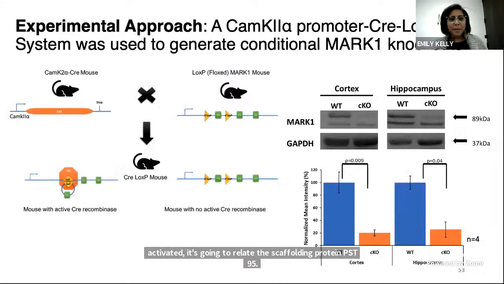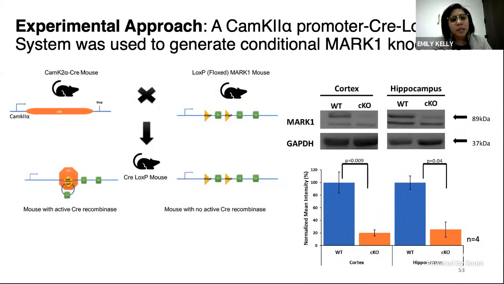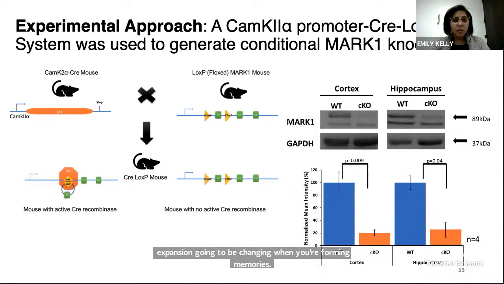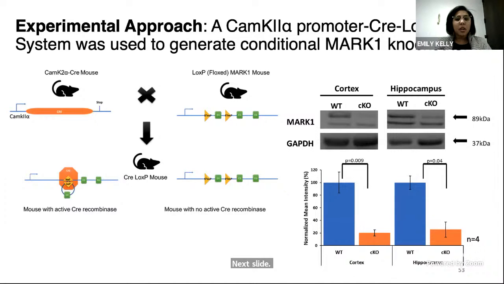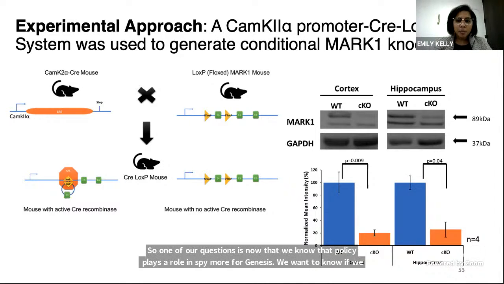So one of our questions is, now that we know that PAR1C plays a role in spine morphogenesis, we want to know if we can reproduce this in an in vivo model, and if we can see any changes in cognitive behavior. Therefore, we developed a floxed Mark1 mouse model where we breed the CAMK2 alpha Cre mouse line with the loxP Mark1.